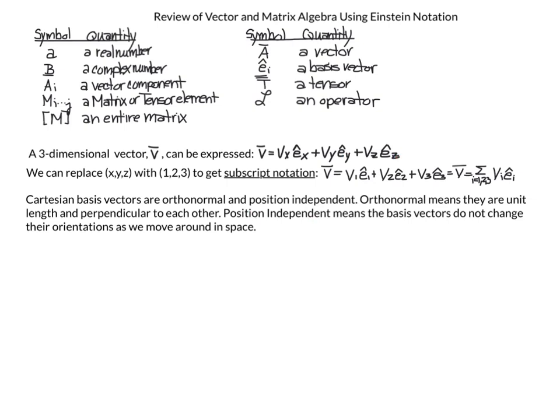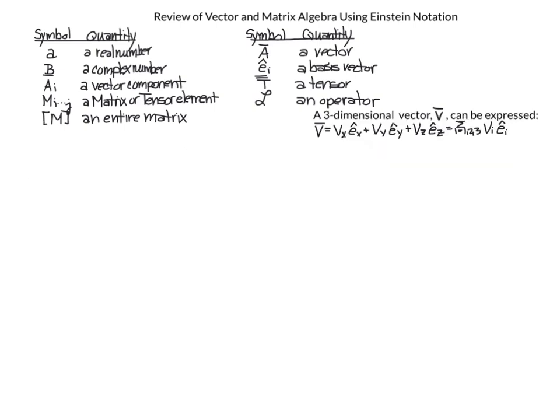Position independent means the basis vectors do not change their orientations as we move around in space. I'll look forward to seeing basis vectors that do change their orientation as we move around in space, because you physics guys had some weird stuff going on.